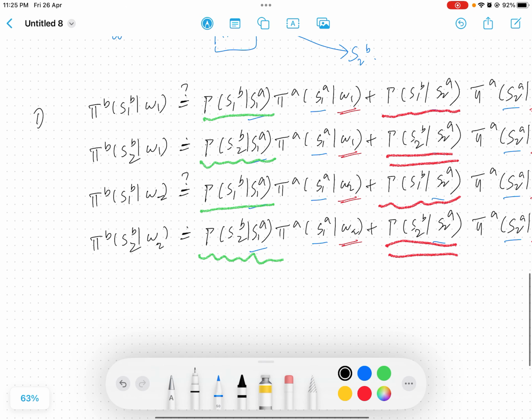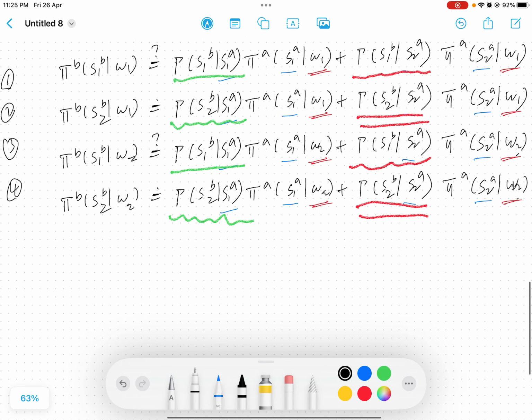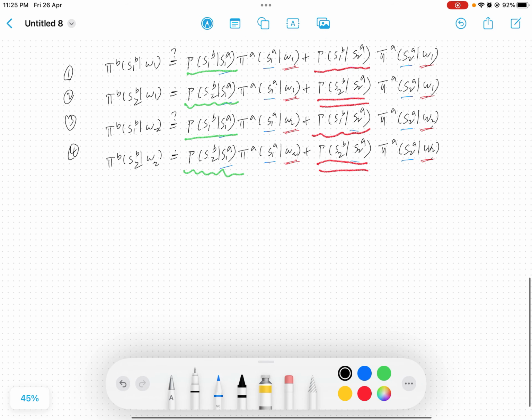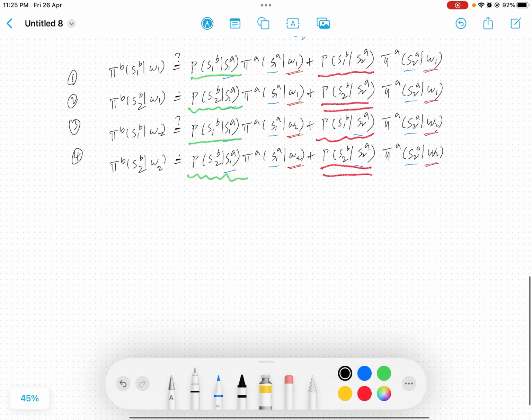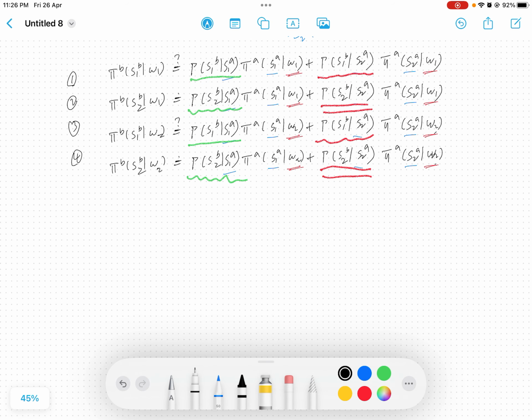So this is 1, 2, 3, and 4. Okay. So we simply plug in all those values, right? So the number 1 becomes 0.6 equals gamma S1b given S1a times 0.9 plus gamma S1b given S2a times 0.1, right?